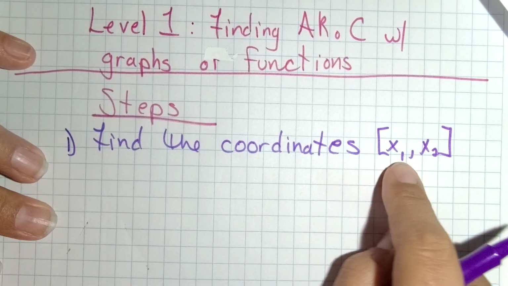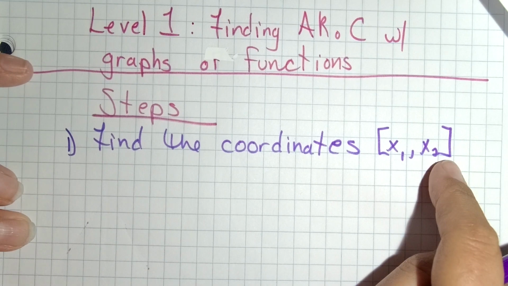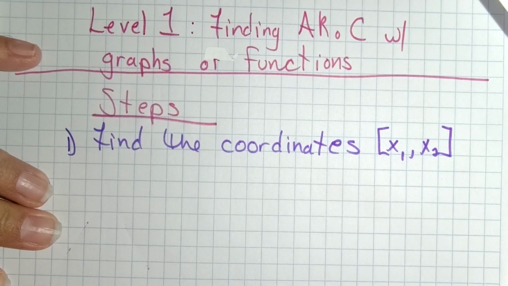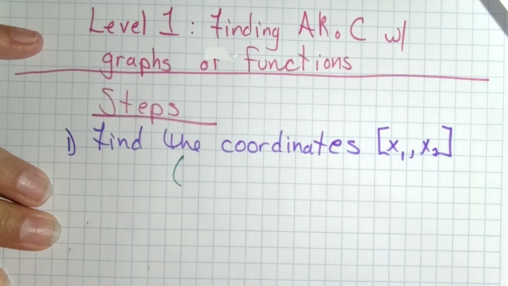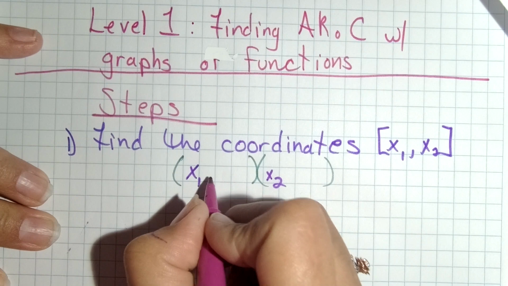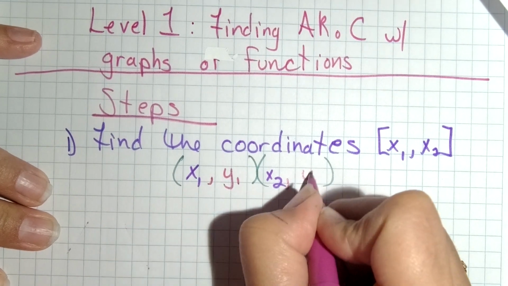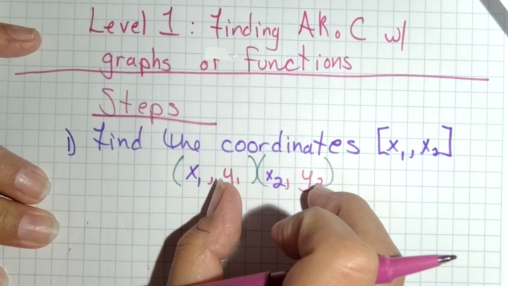So you're going to be given an interval. Remember, this is going to be your first x, and this is going to be your second x. Meaning that you're going to need to find your x1, x2. Well, I'm sorry, they gave you x1, x2. And then you need to find your y1, y2.